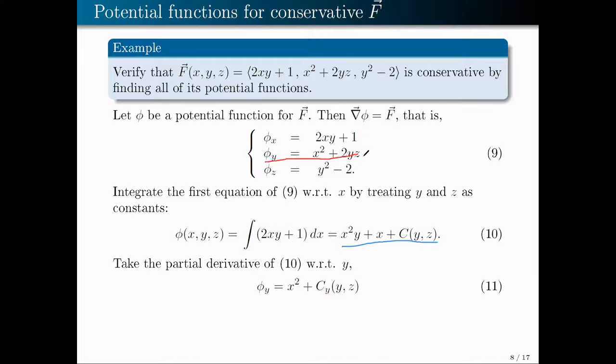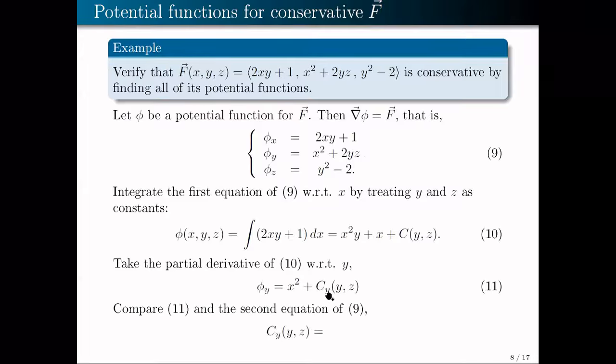One is x squared plus 2yz, and the other one is x squared plus c sub y of yz. So equating these two expressions for phi sub y, as you can notice, we can cancel out x squared. So we are left with c sub y equals 2yz.